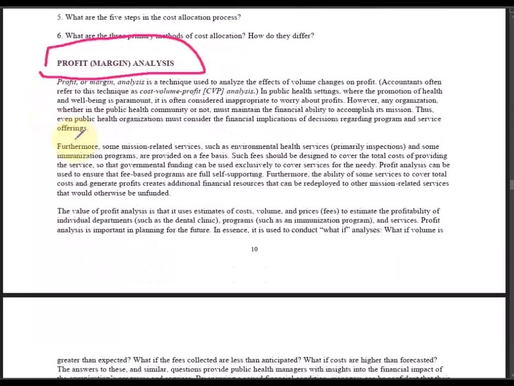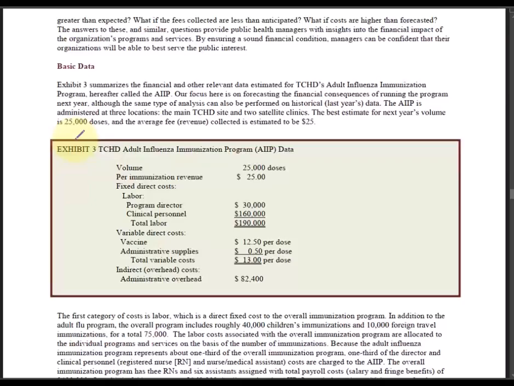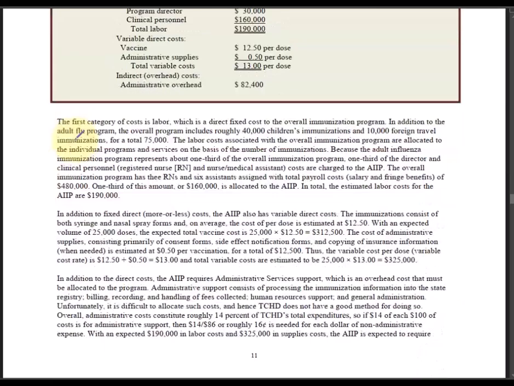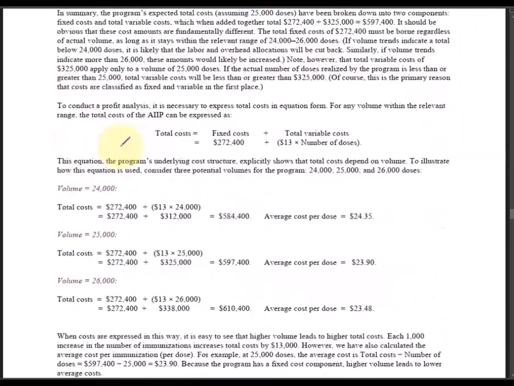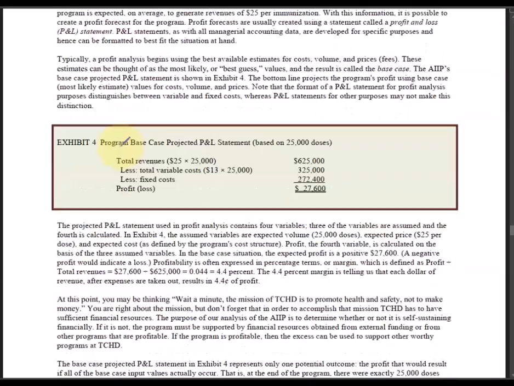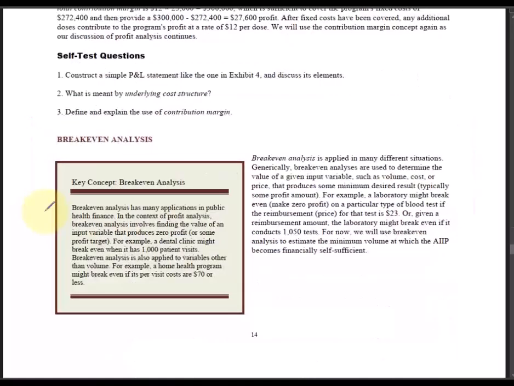Now, the rest of this chapter looks at profit margin, which we already talked about in chapter 4. All the formulas and all the maths are identical, so I'm not going to go back over them again. It's worth reading through just because this does it with a public health example, but all the mechanics are well described in chapter 4.